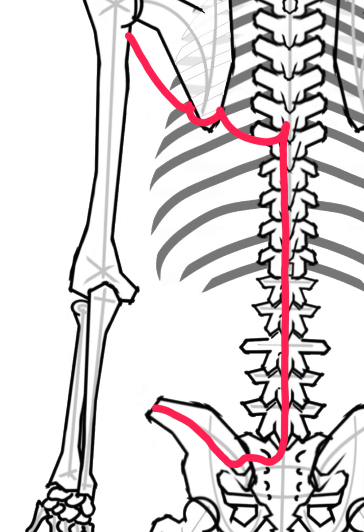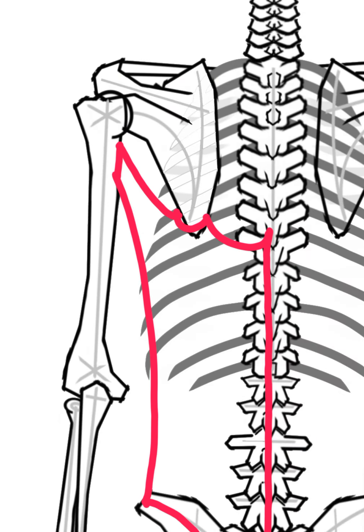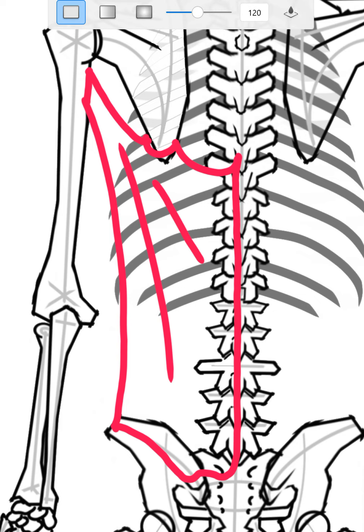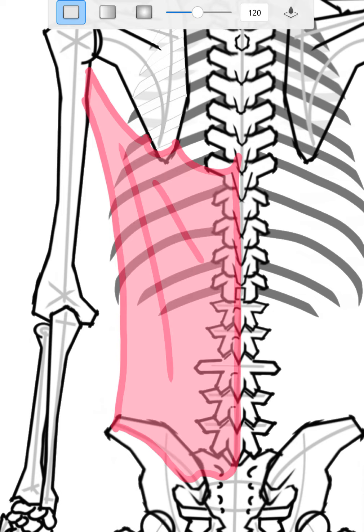Origins, by definition, are the unmoving part, whereas the humerus and the intertubercular groove, which it inserts into, is the more moving part. That's the definition. That's how we talk about that.